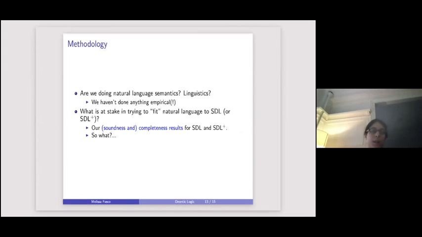As somebody who's worked on that myself, I might think, well, so what? We throw out maybe some of these old soundness and completeness results, but that just means that we get new ones. Or we see where we find the limits of whether we can have soundness and completeness results for a language with the relevant expressive power to capture our deontic concepts.